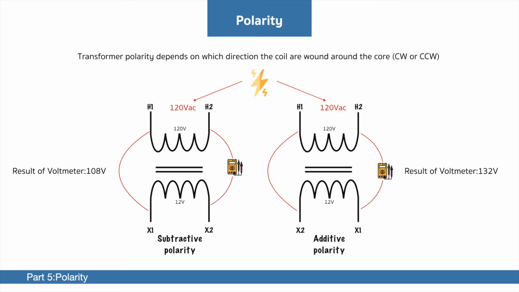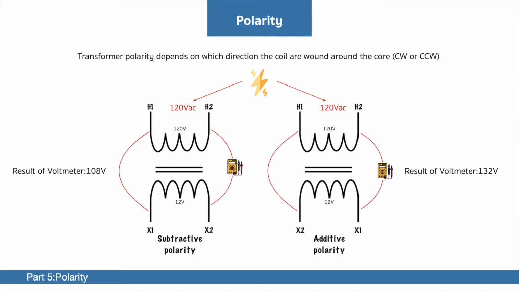So in this case, additive transformer, if we go in clockwise direction, we're going to get negative 120 volts plus negative 12 volts. So we will end up with negative 132 volts, but it is still a potential of 132 volts. So we can see that we're going to get more voltage than the start voltage.